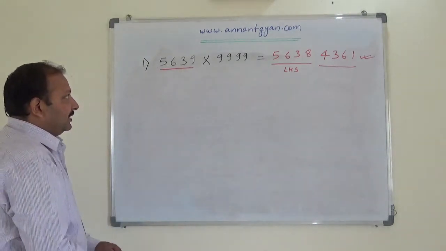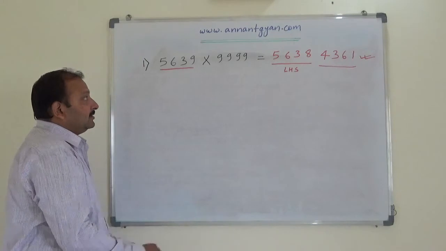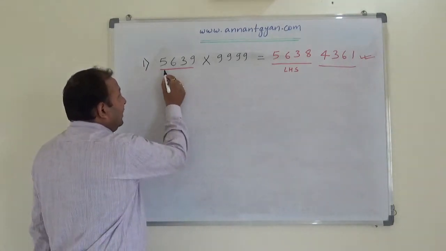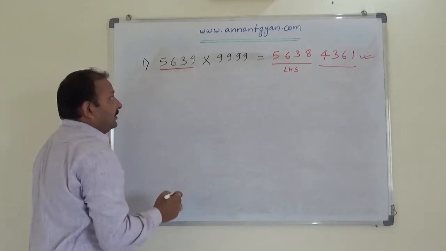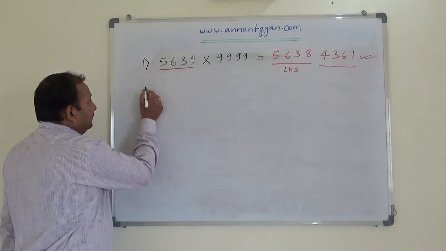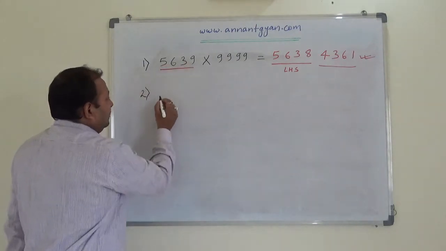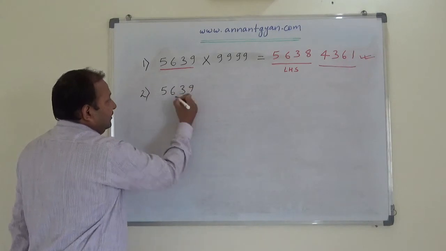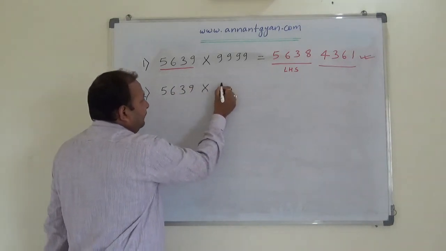The second question is, if there are more nines and the number has fewer digits, then what shall we do? That is the second question. Same question I shall take here: 5, 6, 3, 9 into 5 nines.